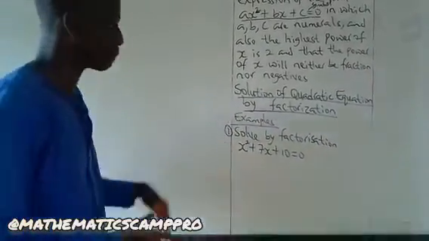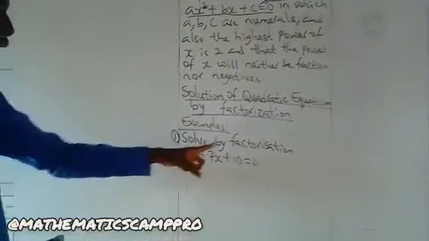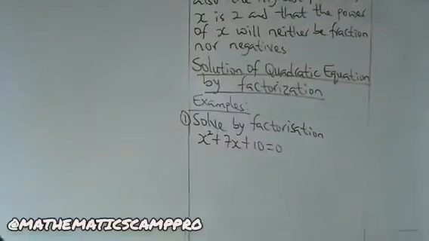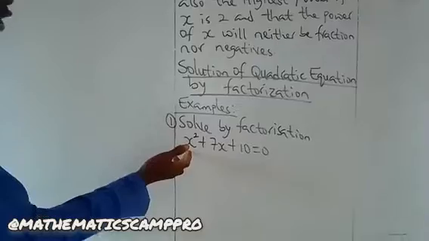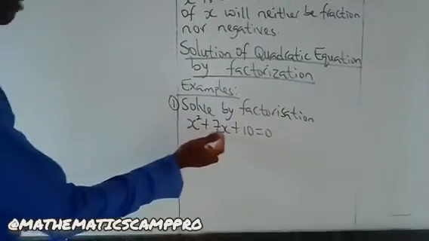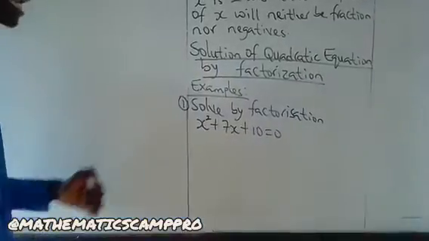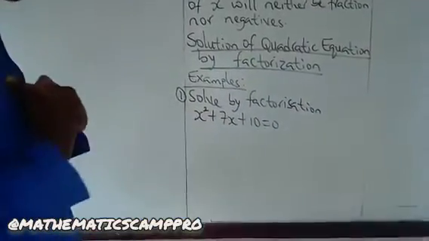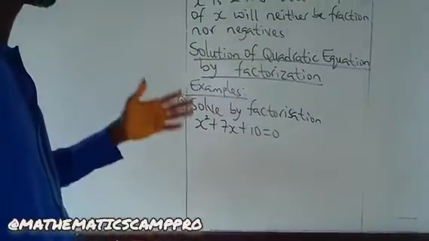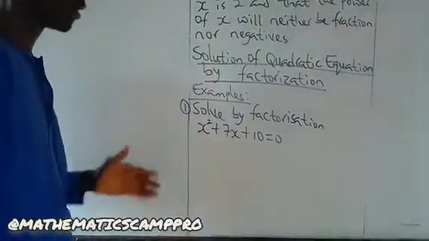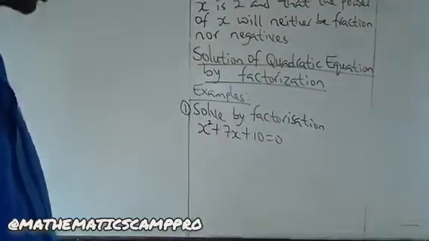Now we have example 1, solve by factorization. We want to solve the equation x squared plus 7x plus 10 equals 0. I want you to settle in your mind that quadratic equation is a very simple topic to understand. But we want to look at a method called factorization.